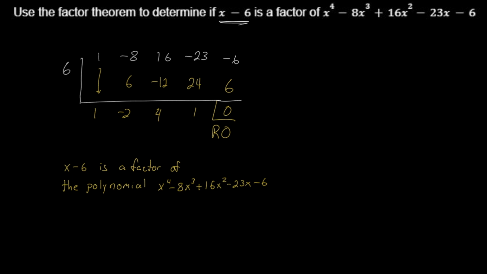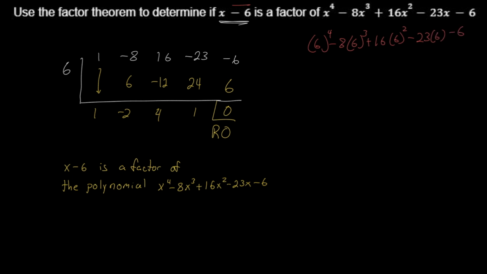I could have also checked it out in this way. I could have also taken the root for this, which would be positive 6, and plugged it in for x, doing 6 to the power of 4 minus 8 times 6 to the third plus 16 times 6 squared minus 23 times 6 minus 6.